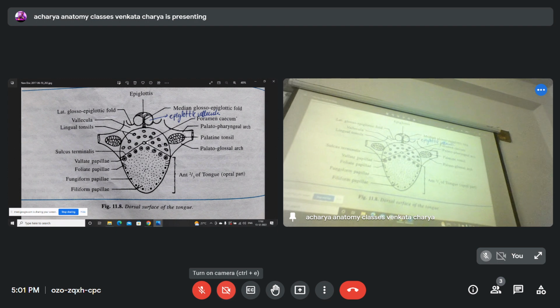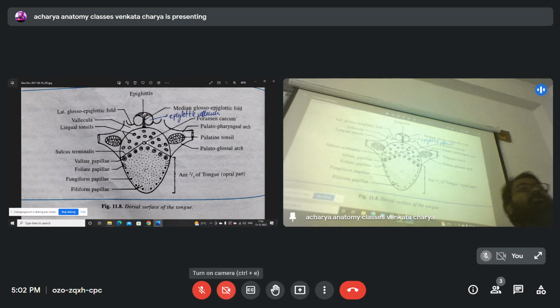Next, it consists of two lateral borders and one tip. Next, the muscles of the tongue.